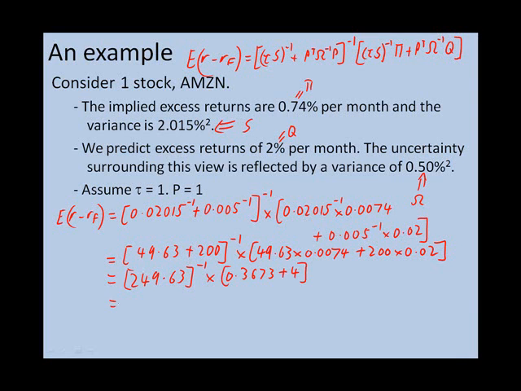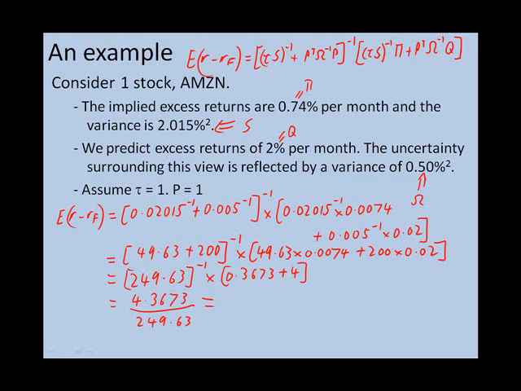And we can rewrite this now as 4.3673 divided by 249.63, because remember 249.63 to the power minus 1 is just equal to 1 divided by 249.63.